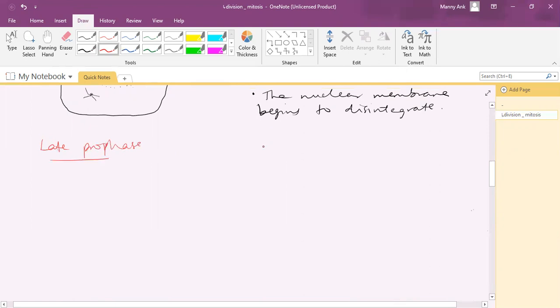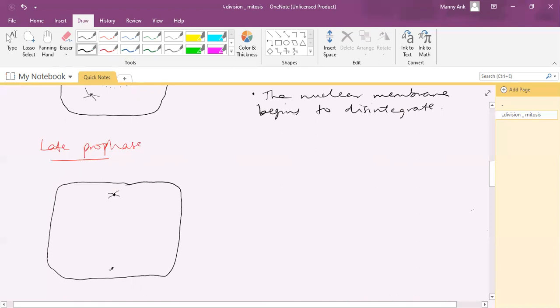So in late prophase, the centrioles and asters are at the opposite poles, right? So I have it in diagram form, let's put this down here. So what we're saying is that these centrioles will be at the opposite poles. Remember, they move apart during the early phase.